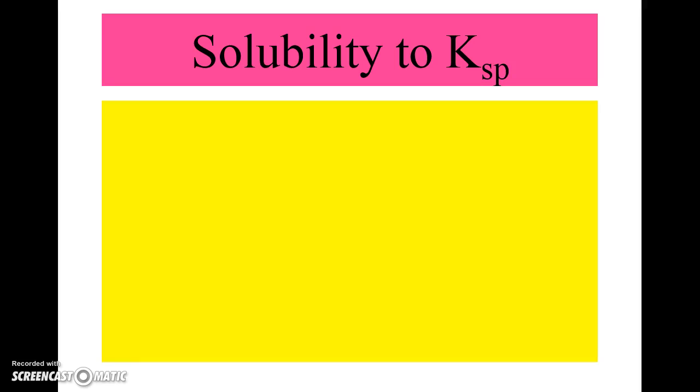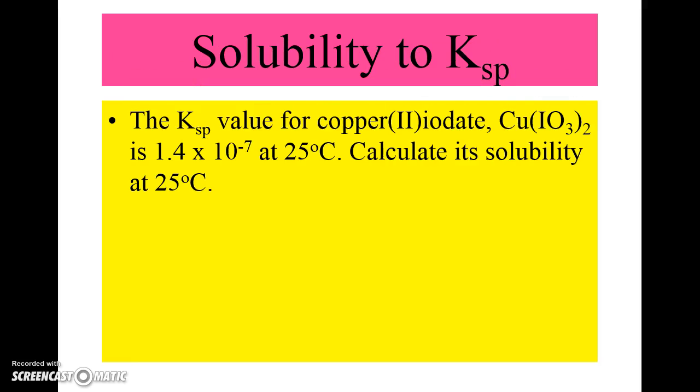Now, what if I'm given the solubility and I need to solve for the Ksp? Well, the Ksp value for copper II iodate is 1.4 times 10 to the minus 7. So that's the Ksp value. Calculate its solubility. We're always going to start with our equation.